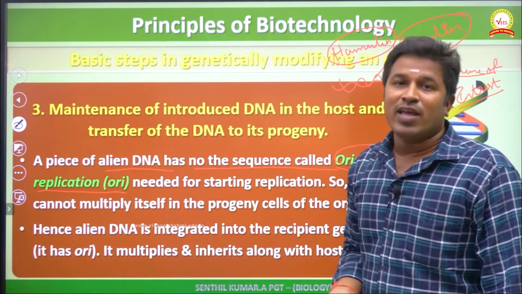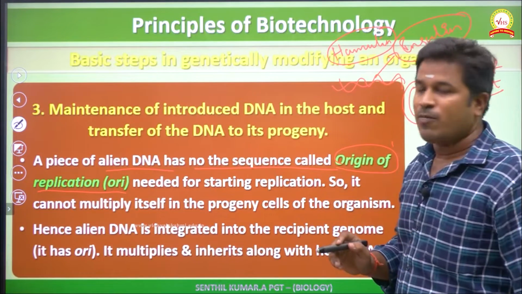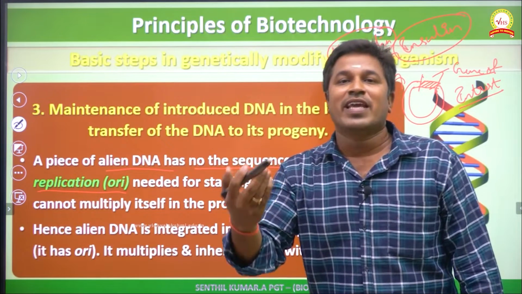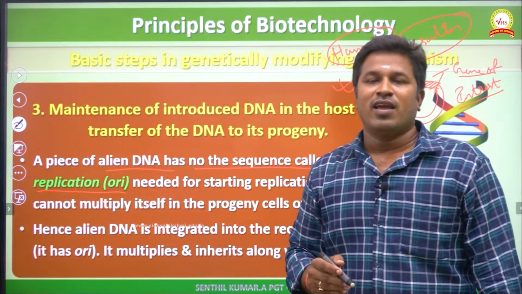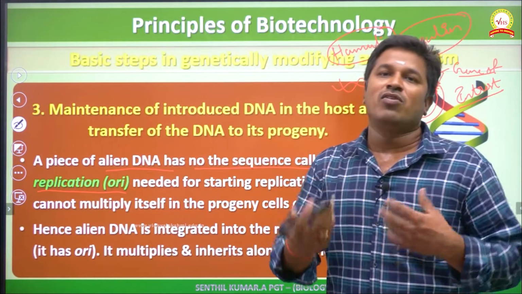To make that insulin, we have taken a particular gene of interest. That may not have an origin of replication site, and if it doesn't have an origin of replication, it cannot replicate.